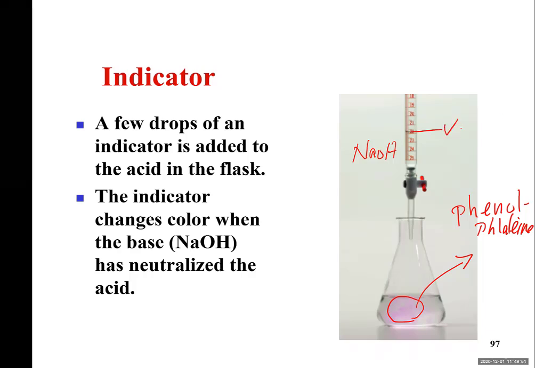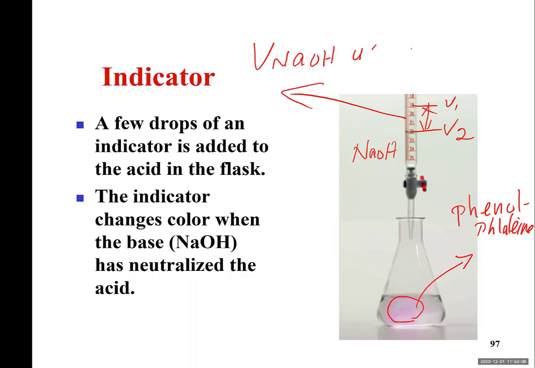So you read the volume of the burette, which is V2. If V1 was here and V2 is here, the difference between these two shows the volume of NaOH which is used. So, are you with me so far?